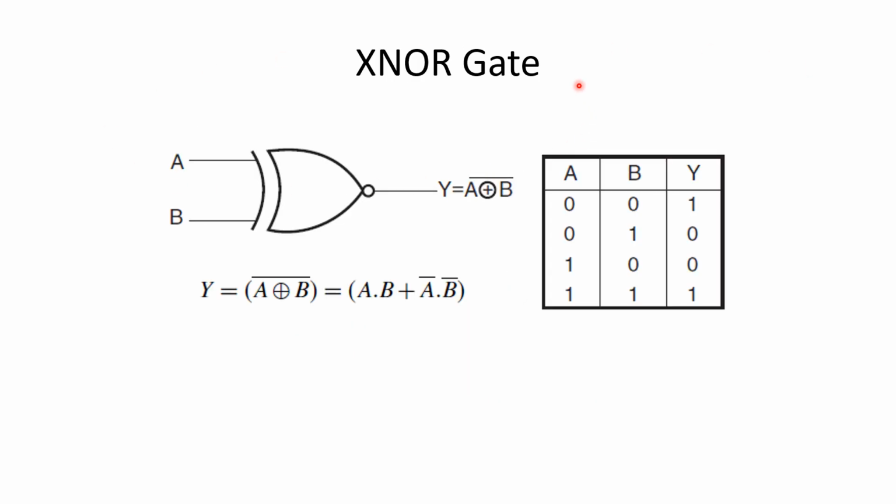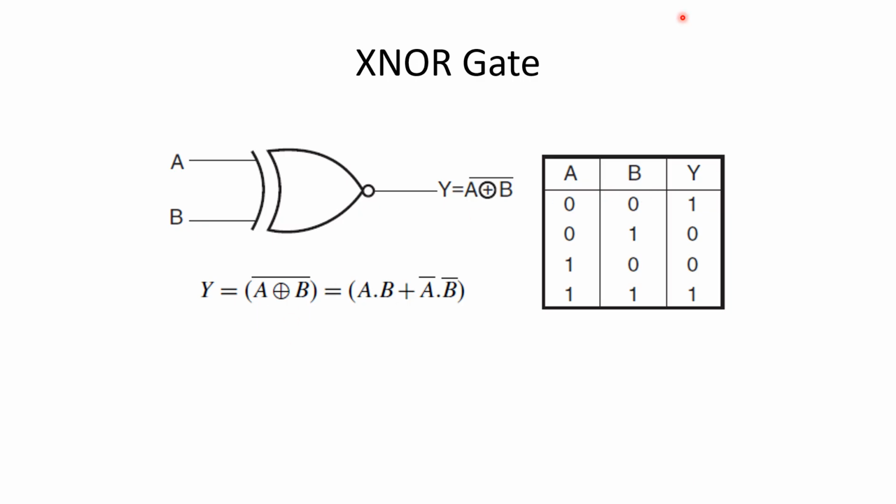The XNOR gate or exclusive NOR gate is a digital logic gate that outputs 1 only when the number of true inputs is even. For a 2-input XNOR gate, this means it outputs 1 when both inputs are the same, either both are 1 or both are 0.